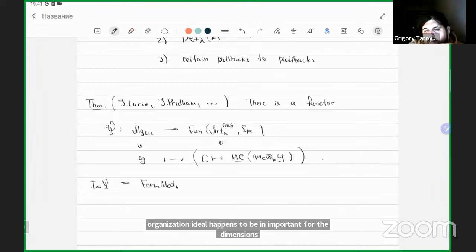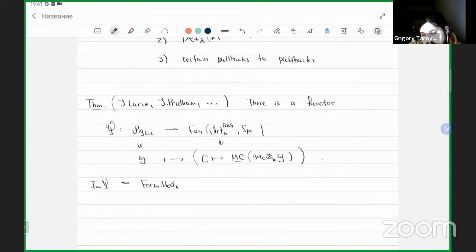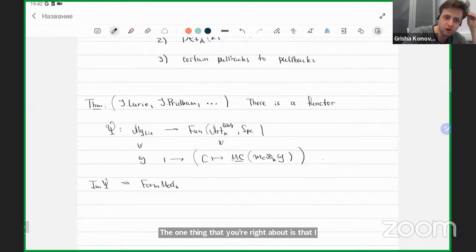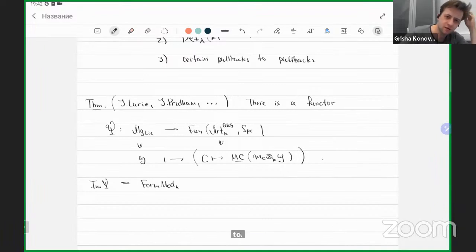Yeah, that's clear. My issue is that if we replace this condition with the homological one, then maybe we can have something that is not nilpotent but homologically trivial. Yeah, I see. The one thing that you're right about is that I probably need to actually work with local Artinian algebras. Thank you for that remark.